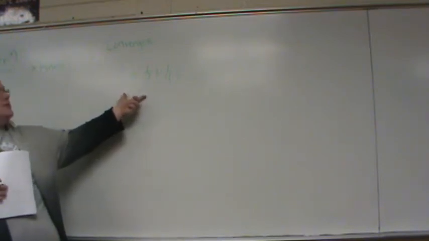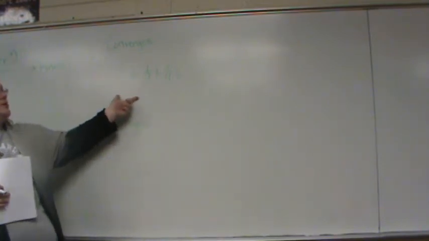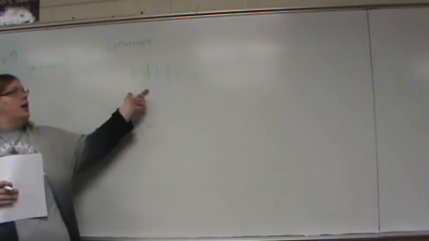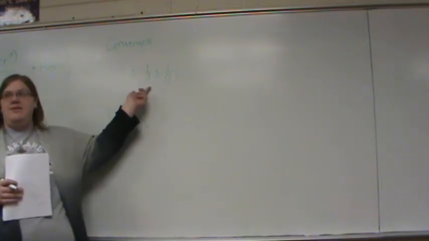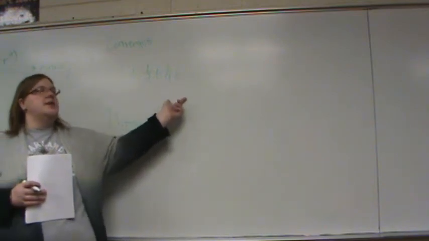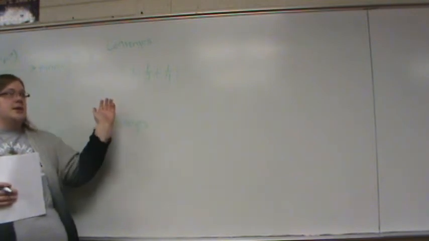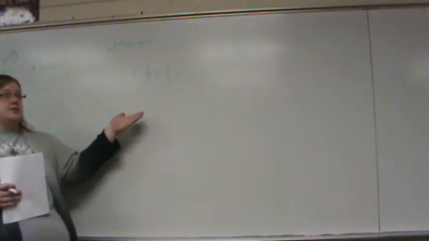So what it's saying for converging, your terms are going to start getting smaller, right? We noticed that they're getting smaller. 1/2 is smaller than 1. 1/4 is smaller than 1/2. Our numbers are going to continue to get smaller and smaller as we go down, right? Because that's going to be the pattern for a geometric series.